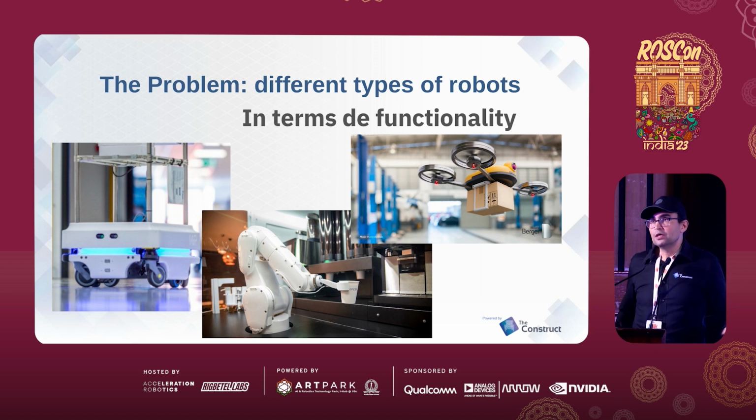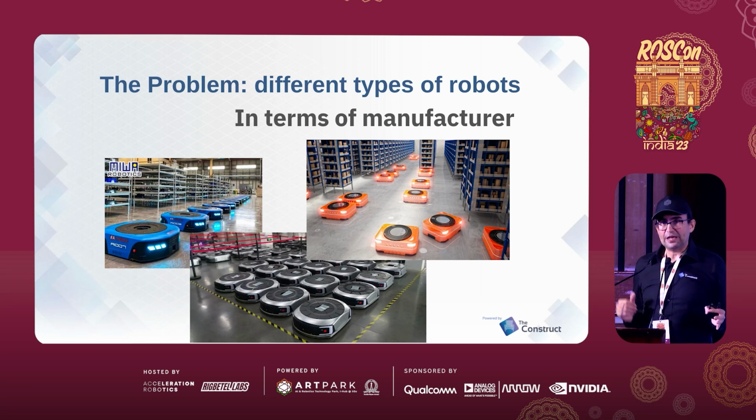Then, when we try to implement this system of several robots working together, each one doing a task, we have a problem of integrating those robots. Each one can do a different thing and has different abilities. Like here, the mobile base, the robot arm, the drone, whatever the robot. We also have the problem of buying those robots from different manufacturers.